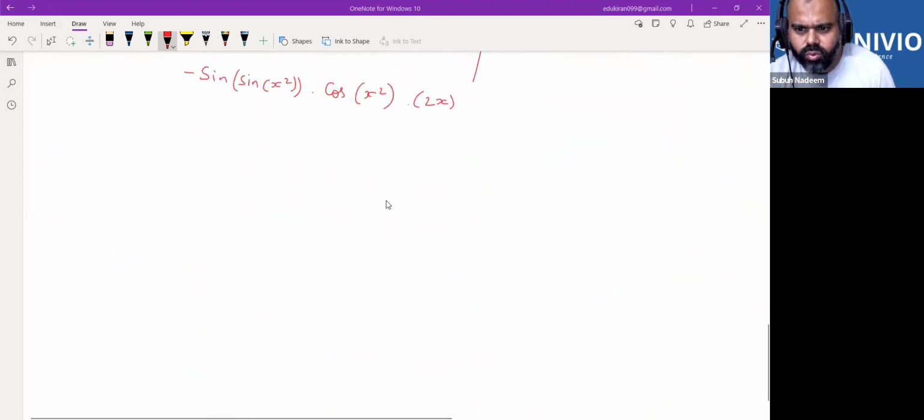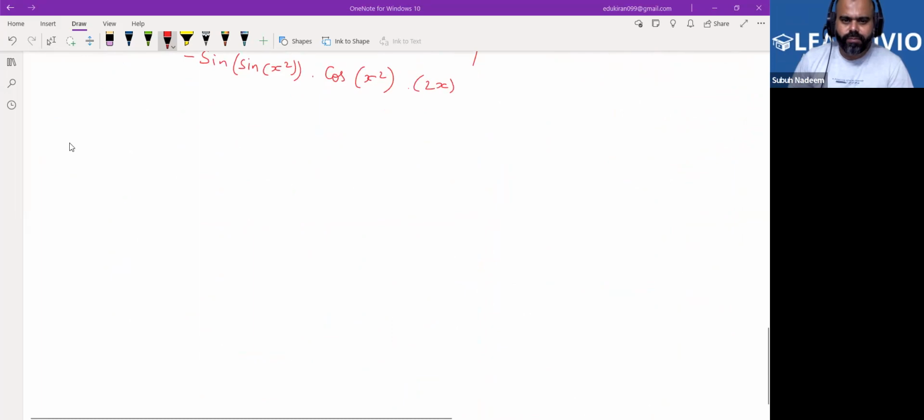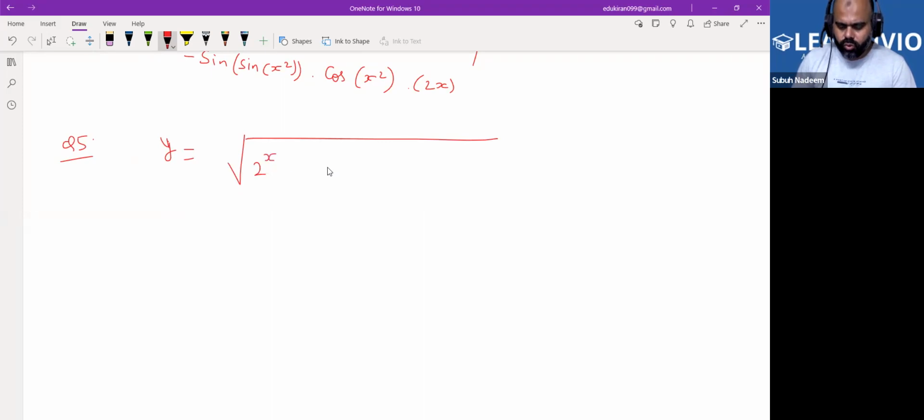Now we come to more different type of questions. Here it is, y is equal to square root of 2 to the power x plus square root of 2 to the power x plus square root of 2 to the power x, and this keeps on going till infinity. This is one question.